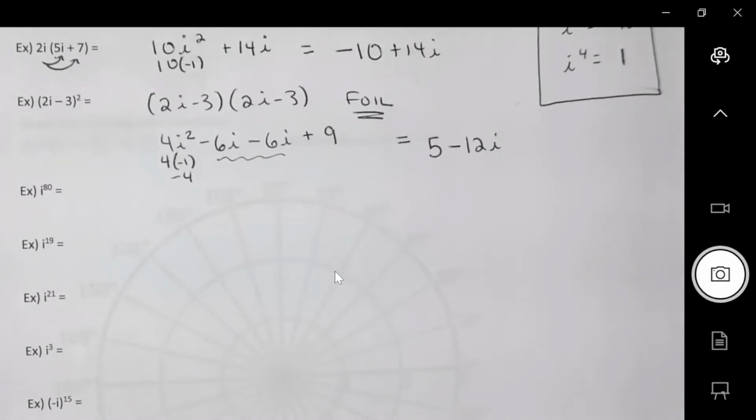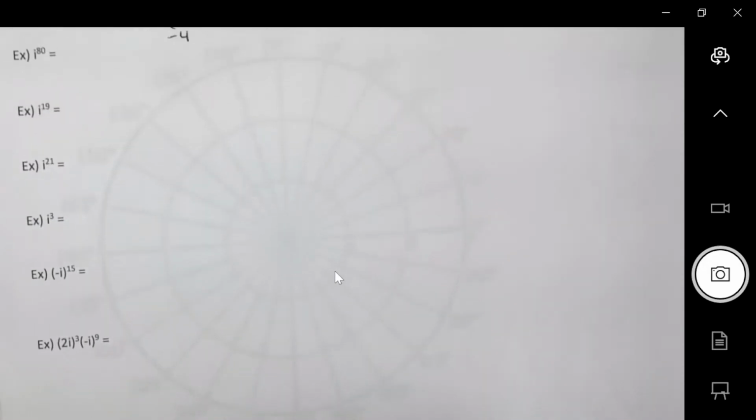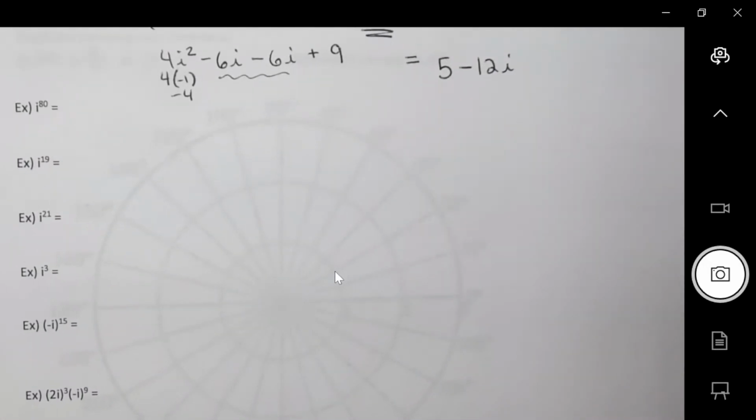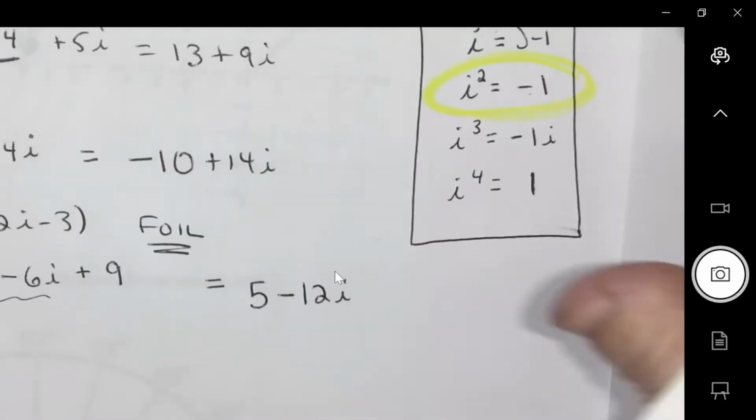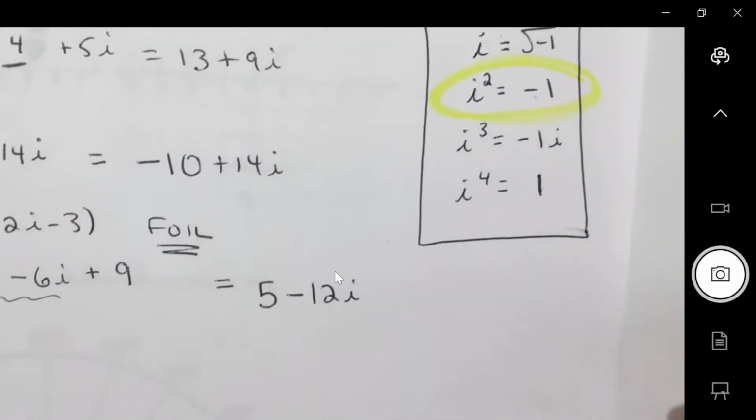Okay, now we get into this stuff. Okay, so I told you my strategy is to go with i squareds, no matter what I'm trying to do. If you like working with all of those, that's okay as well.